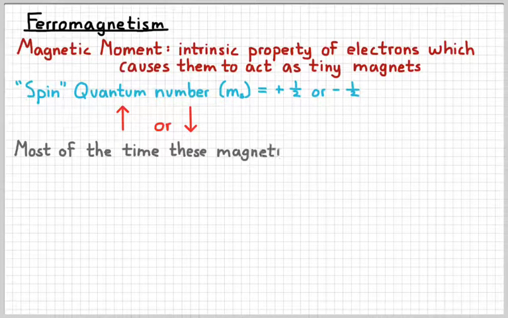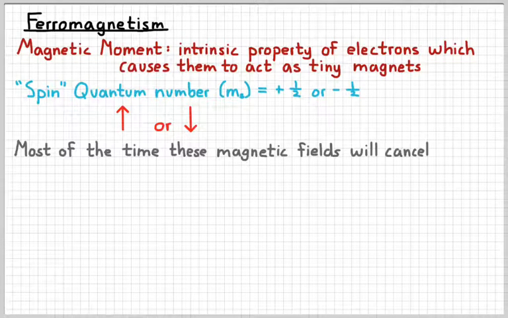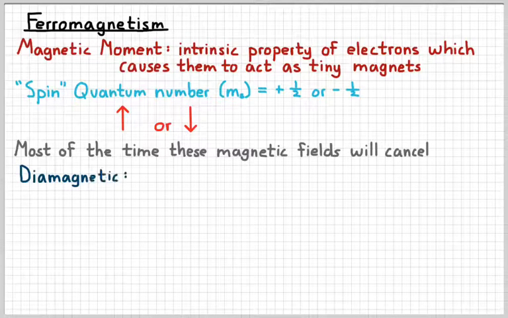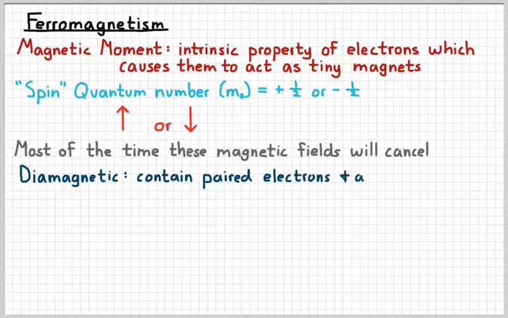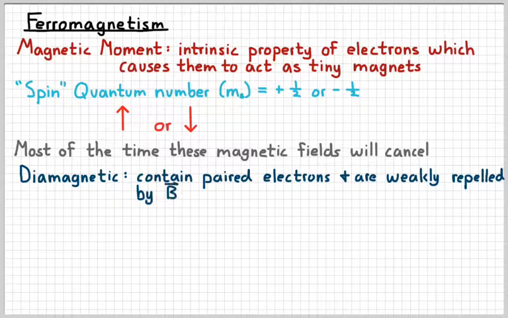Most of the time, the vast majority of the time, all these magnetic fields will end up canceling out. And so there's two types of atoms rather, materials, which create weak magnetic effects. Diamagnetic materials contain paired electrons, and they are weakly repelled by a magnetic field.